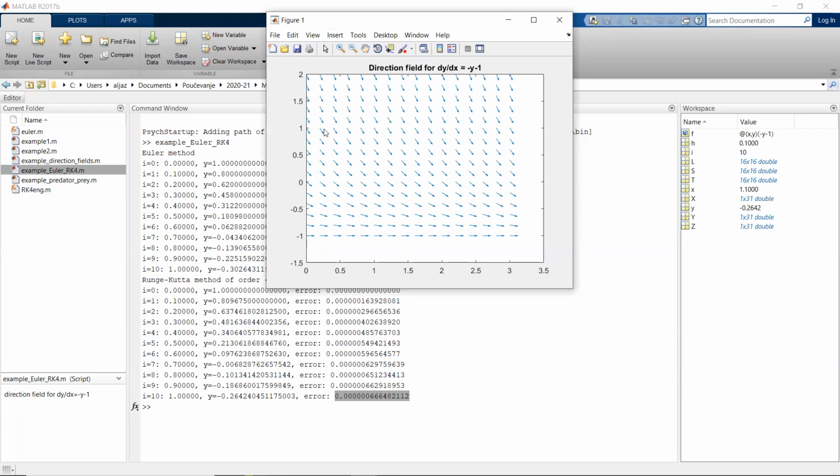It's computed on some grid, and at every point of this grid, the slopes of the tangents are drawn. The solutions follow those directions. So we can see from this direction field what the solution of this equation is, and it looks like an exponential function with a negative coefficient in the exponent.